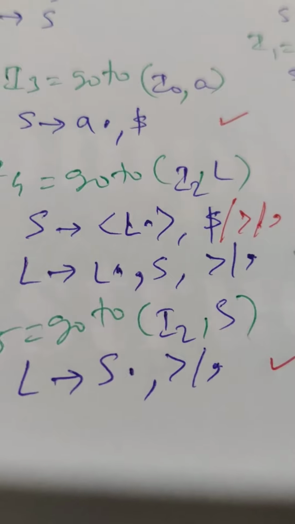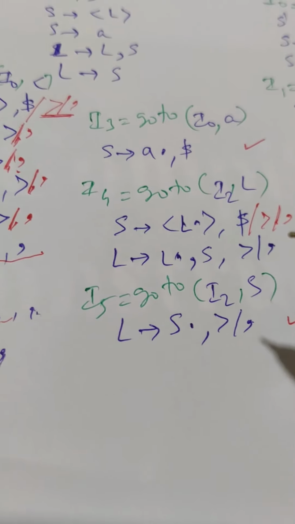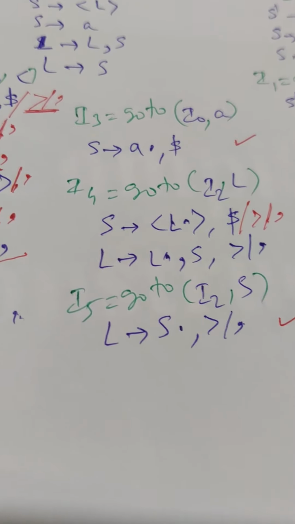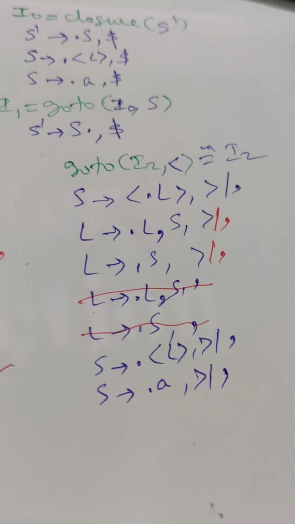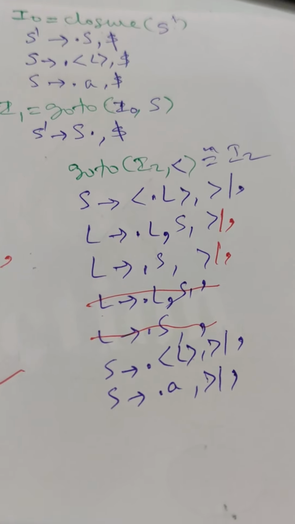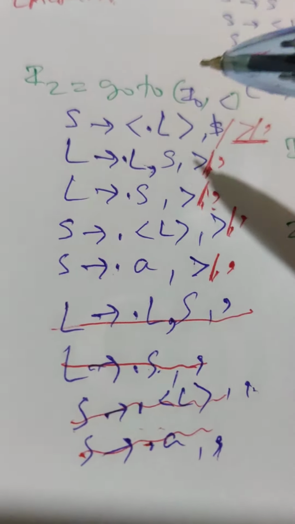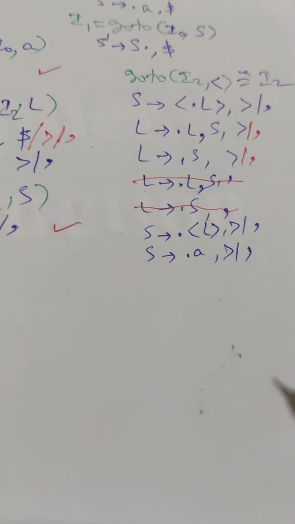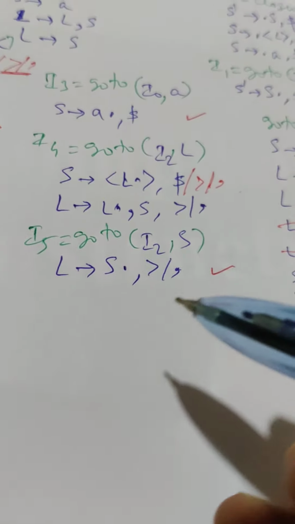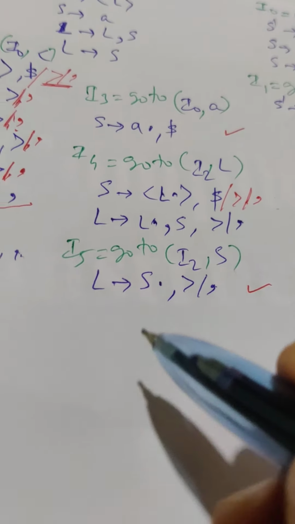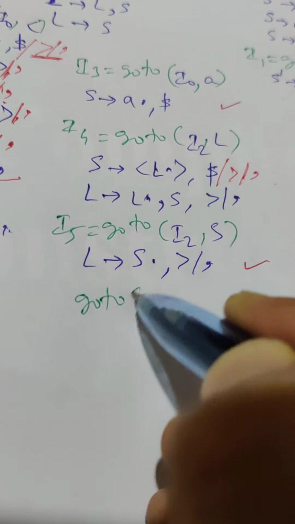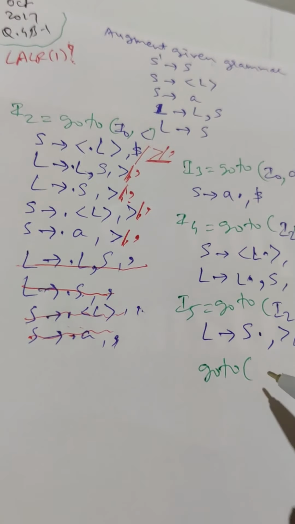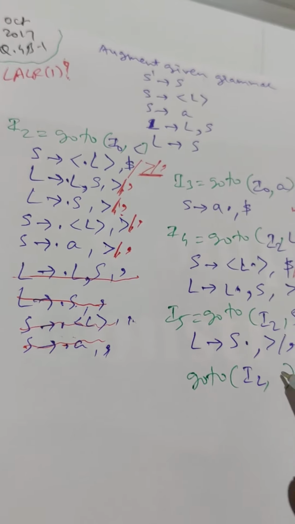Okay, then next, have we changed anything anywhere else? No. Now we have done I2 comma less than sign. Now let's go for I2 comma A. So this is going to be the next item. Let's solve it here as well, just trying to save some space. This is going to be I2 comma small a.